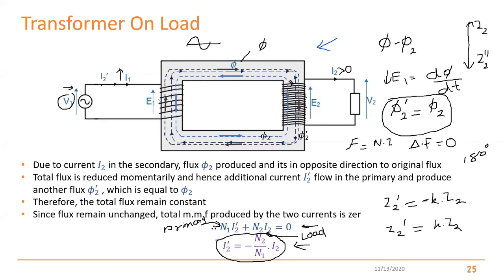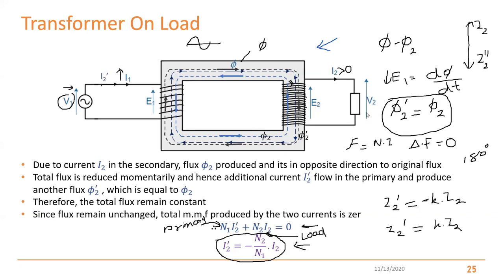Due to that additional current, another magnetic field is produced in the core which neutralizes the magnetic flux produced by the secondary. Therefore ultimately there is no change in the flux. Since the flux remains stationary in the core, we identify the transformer as a machine with constant flux, so we call it a constant flux machine.